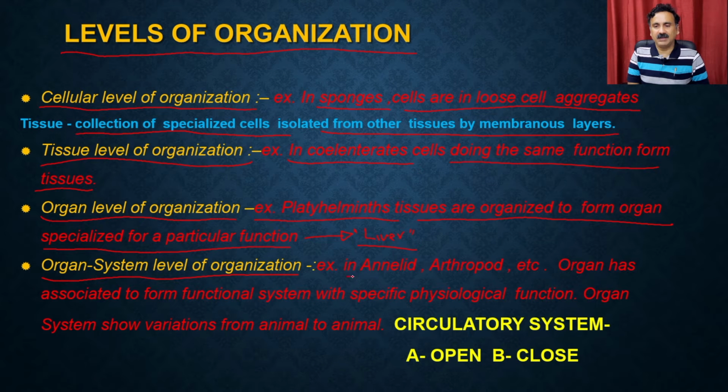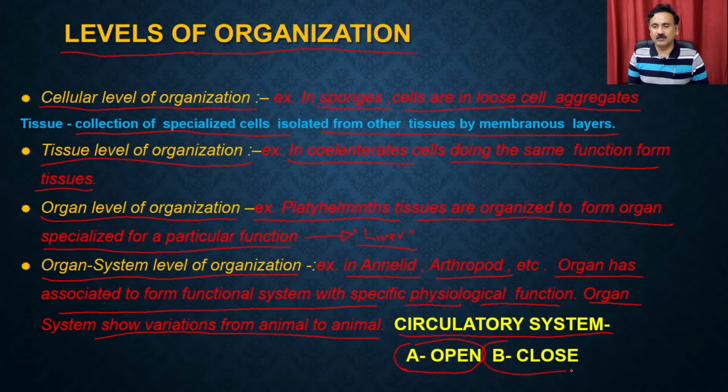The classical examples are annelids, arthropoda and all the higher animals, where the organs are associated to form a functional system with specific physiological functions. Organ systems show variation from animal to animal. For example, one of the classical systems is the circulatory system, which could be an open circulatory system or a closed circulatory system. We are going to discuss all of these when we discuss specific classes of animals or specific phyla.